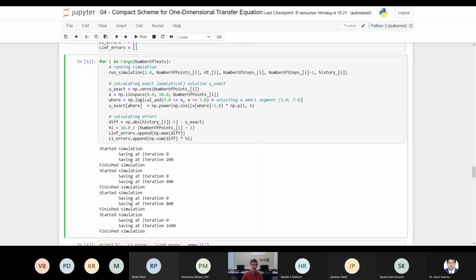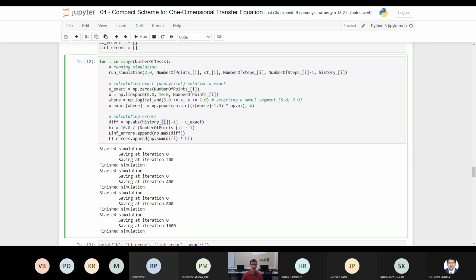And finally, we can calculate errors. First, we take the absolute difference between the exact solution and the analytical solution, which is stored in the history array.